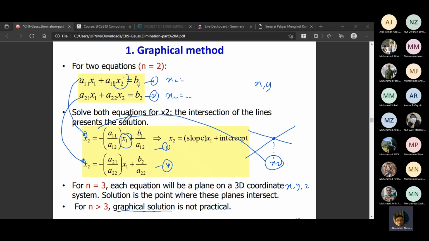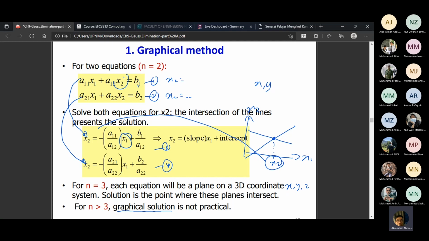Okay. So kita dah dapat equation dalam bentuk X. So what we need to do is we need to plot X2 versus X1. So if we plot X2 versus X1, so of course kita akan dapat satu slope dia positif, satu slope dia negatif.